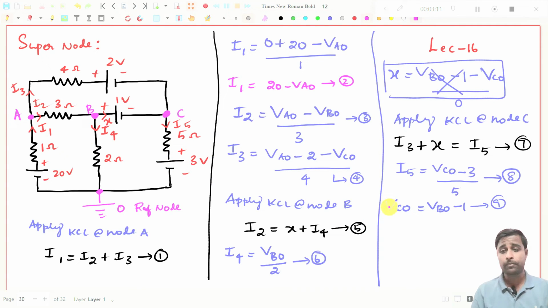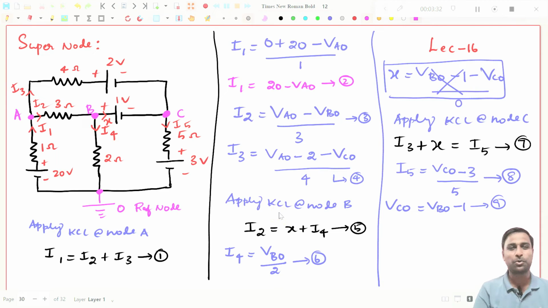And also you see by this method we can also find the current in this 1 volt source. How can you find that? You see, we know what is I2 and we know what is I4, right? So we can substitute in this expression to get what is X also.